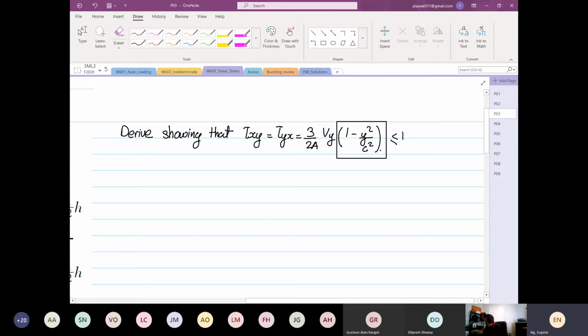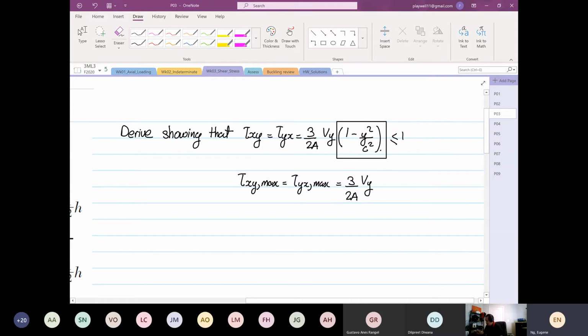It can be less or equal to 1. So from here, you can immediately state that tau xy max is equal to shear yx max, and this will be equal to 3 over 2A, right, Vy.